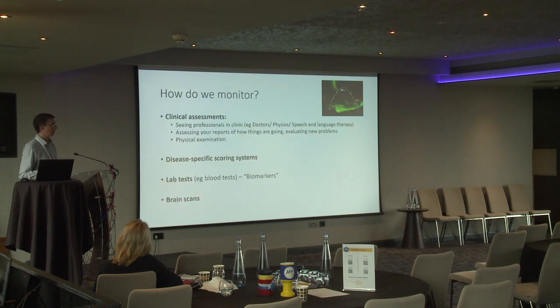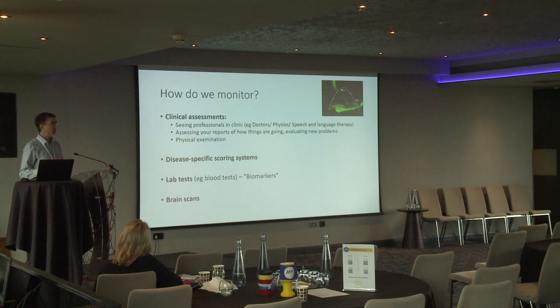But how do we monitor things in the medical world? And again, this reiterates some of what's been said already. There are those clinical assessments where you're seeing the professionals in the clinic, the doctors, the physios, the speech and language therapists, who are assessing what you're reporting is going on with you or with your child, and we evaluate those different problems. There may be a physical examination.